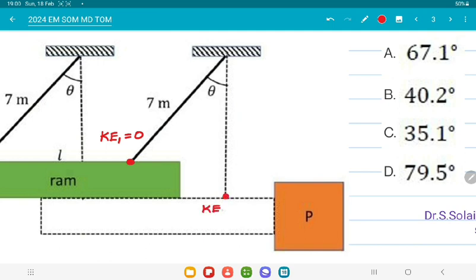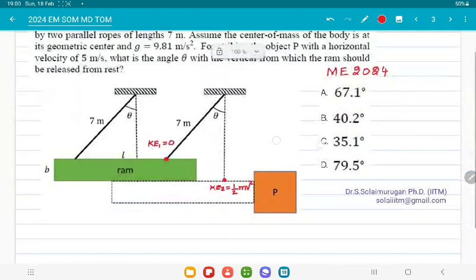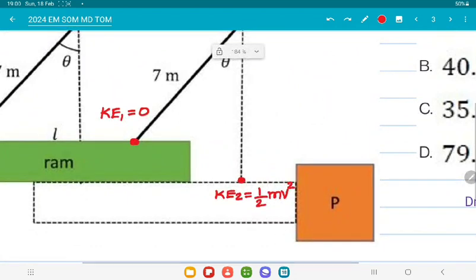KE2 equal to half mv square. V is given. Okay, how much? 5 meter per second. Now how we are getting this energy? Sir, at the cost of potential energy. So potential energy is reduced, kinetic energy is increased.